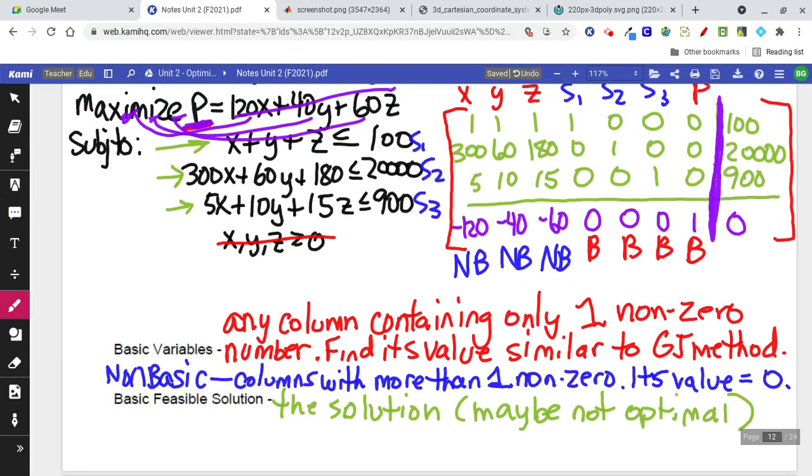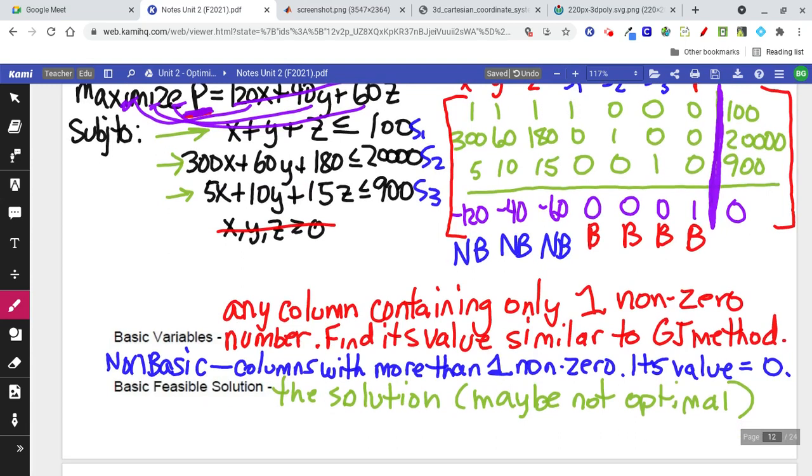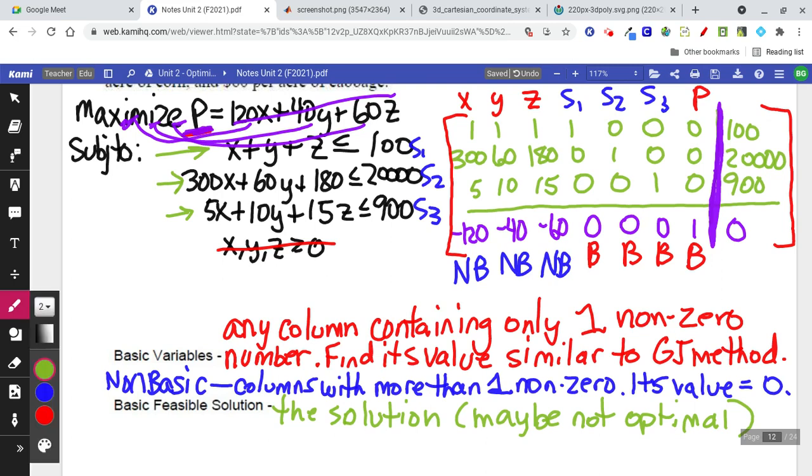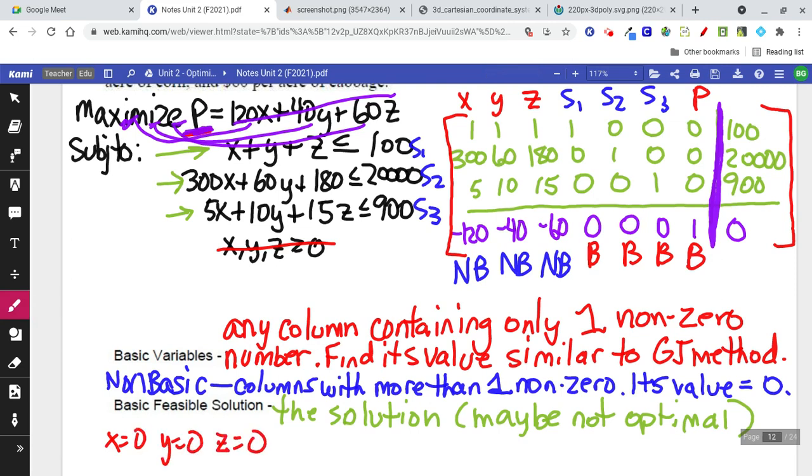Okay. So the non-basic variables for this table, we can see that x, y, and z all equal 0. X equals 0, y equals 0, and z equals 0 because they're non-basics.